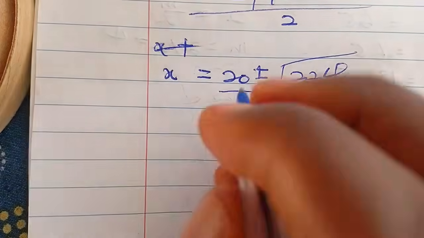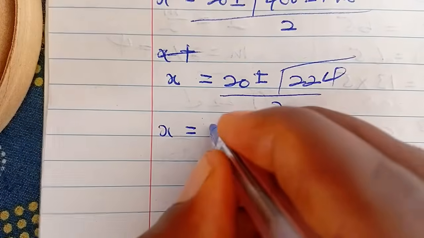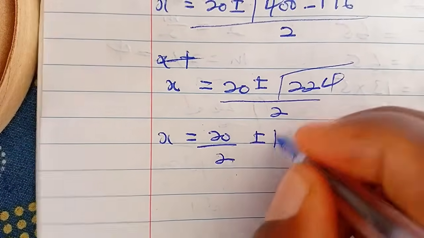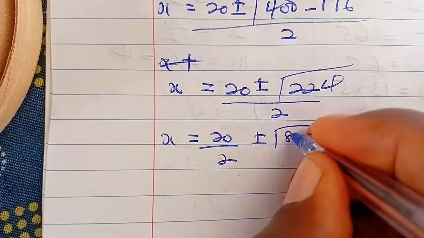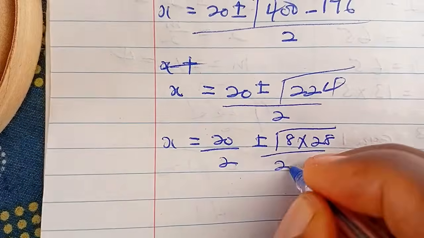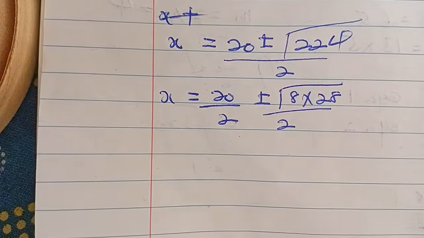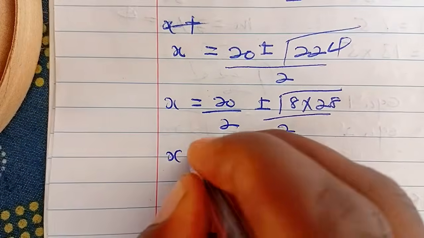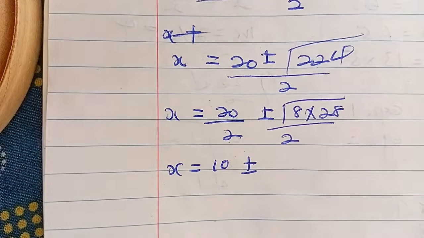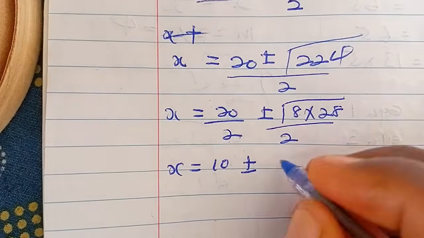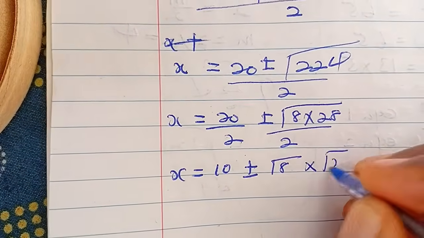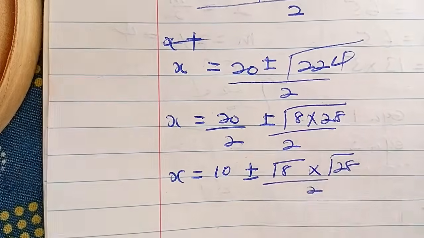So you can have 20 over 2 plus or minus the square root of 224, which is the same as 8 by 28, all over 2. So you're going to have x equal to, 2 goes here, 10 plus or minus, let's break this down: root 8 times root 28 all over 2.